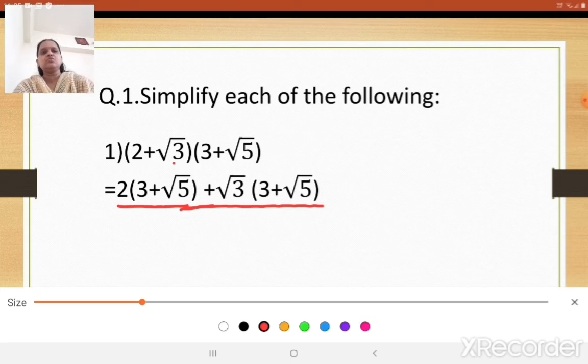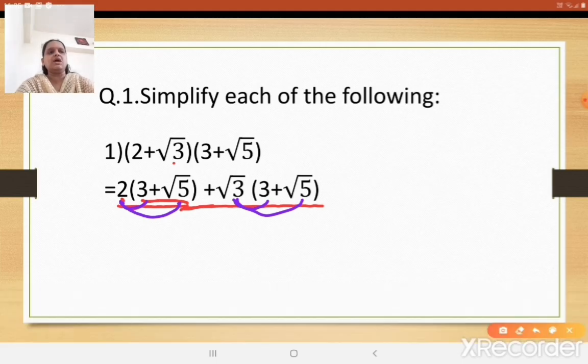Now what is the 2? 2 is like a monomial multiplied by a binomial. How to multiply a monomial to a binomial? For this, 2 multiplied by 3, plus sign as it is, and 2 multiplied by root 5. Similarly over here, root 3 multiplied by 3 plus root 3 multiplied by root 5.